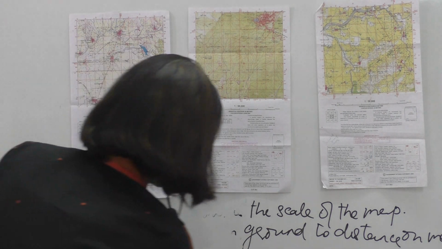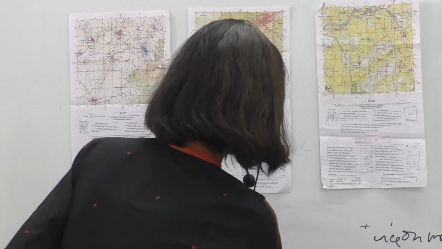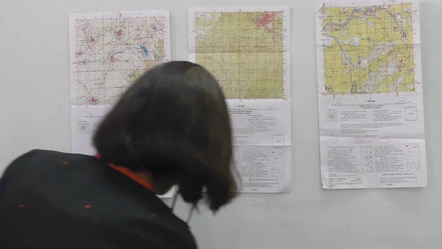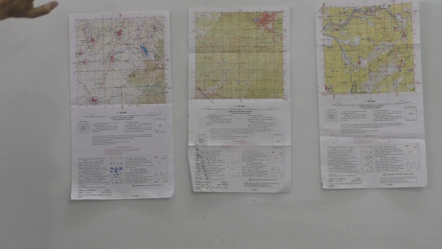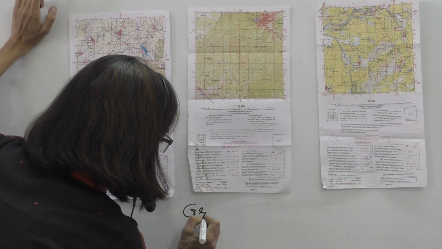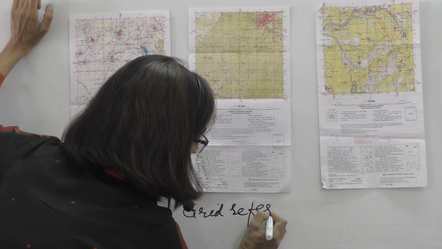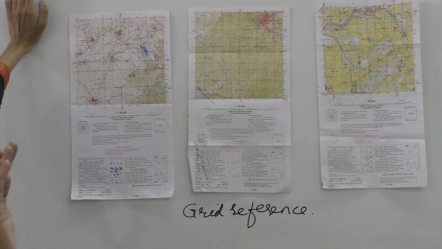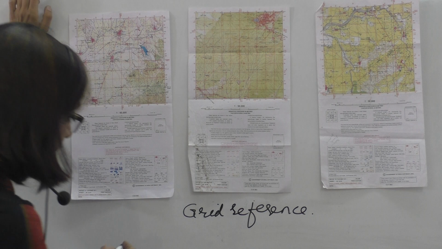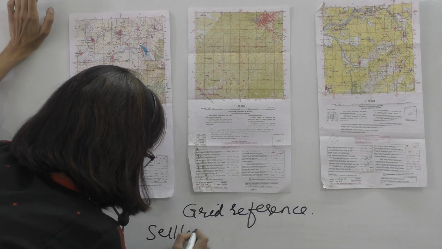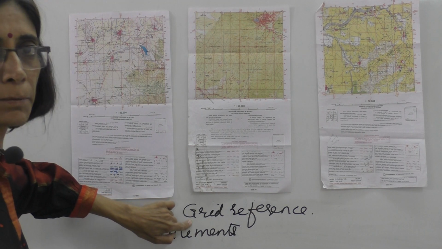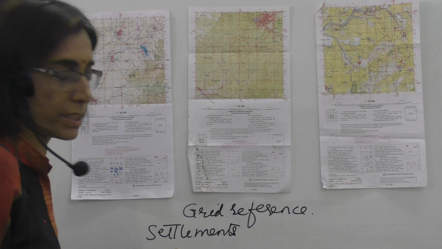Once you are done with the scale of the map, you need to know how to locate places on the map. We had said we do it with the help of grid reference. The grid reference helps us to locate objects. Generally they ask you about settlements.